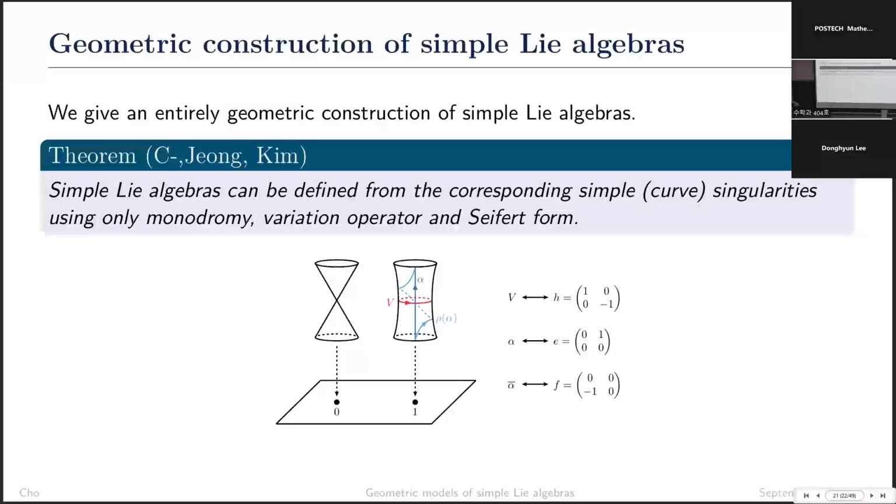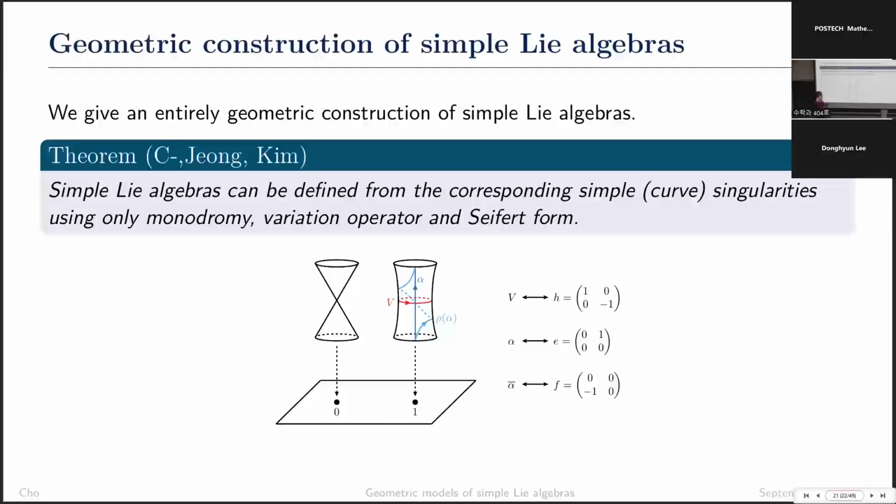And what is the corresponding sl2 triple in the A1 singularity? We're going to take the arc alpha, its orientation reversal alpha bar, and the variation image of the variation operator, which is the difference of the monodromy image with alpha, which is discrete. So alpha, its orientation reversal, and the variation image form the sl2 triple, and that's what will hold generally.